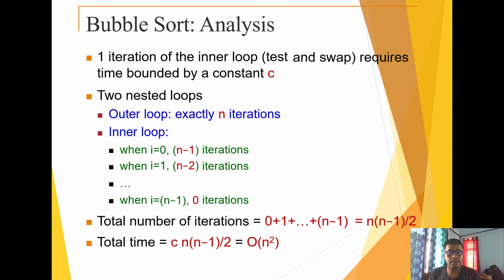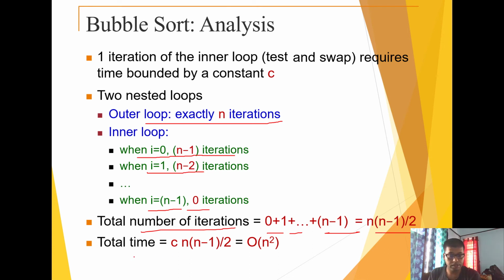Now the analysis: the outer loop has exactly n iterations, so there is no problem with that. The inner loop, when i equals 0, is n minus 1, when i equals 1 it is n minus 2, down to 0. So the total number of iterations will be 0, 1, 2 up to n minus 1, which is n into n minus 1 by 2.